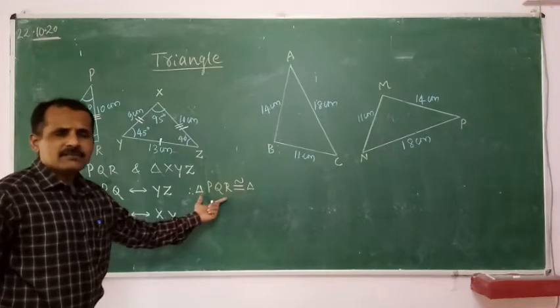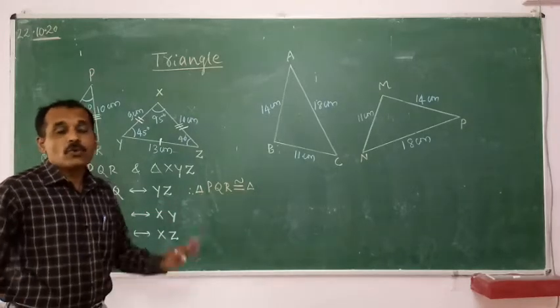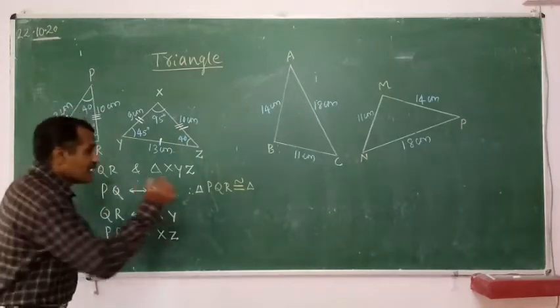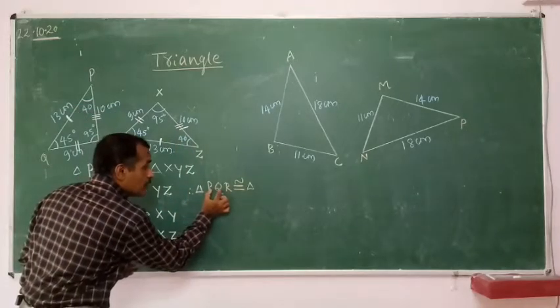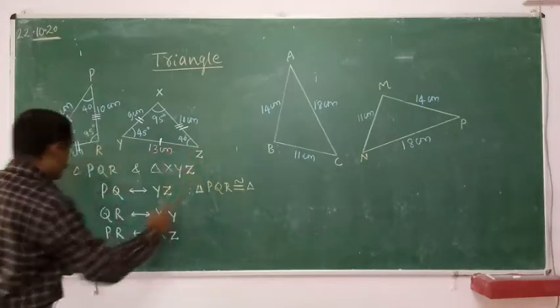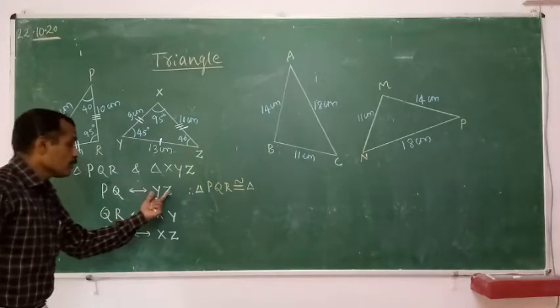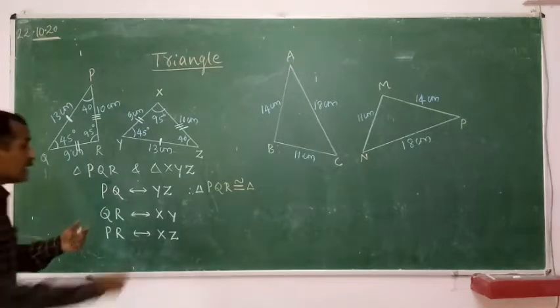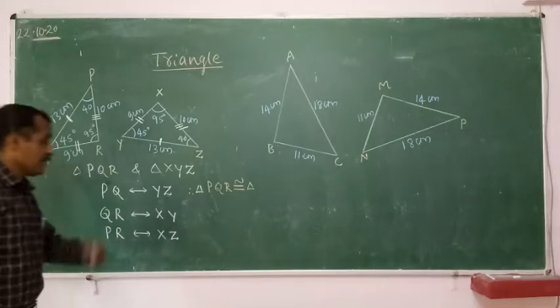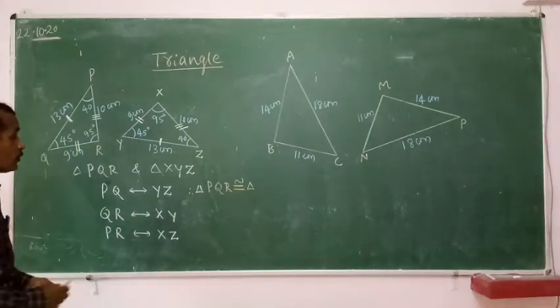The first triangle I have written as PQR, but for the second triangle I have to see how to write. This PQ, the first two alphabets here, corresponds to YZ. Then comes QR. QR corresponds to XY. That means how to write? See.